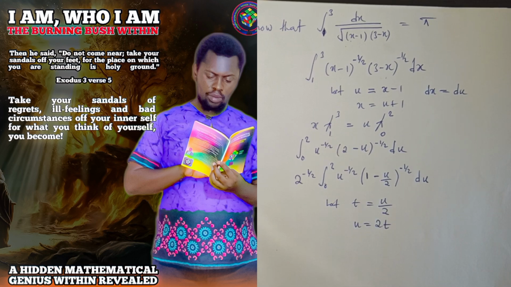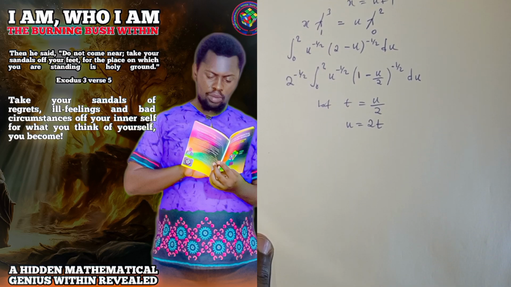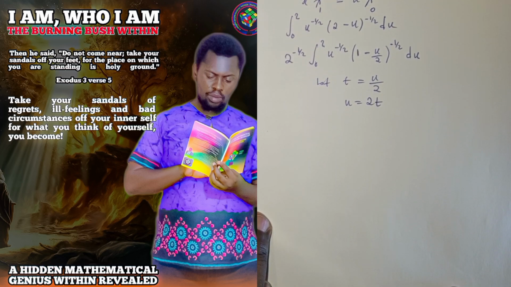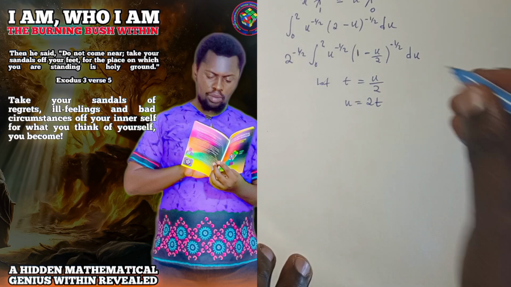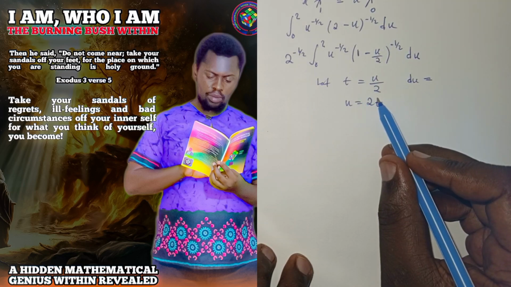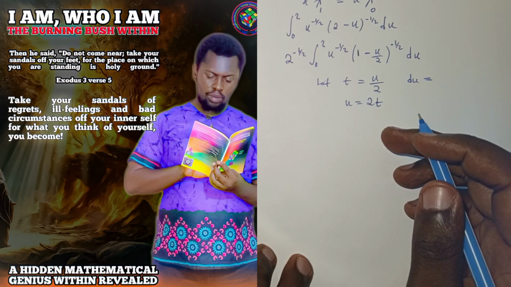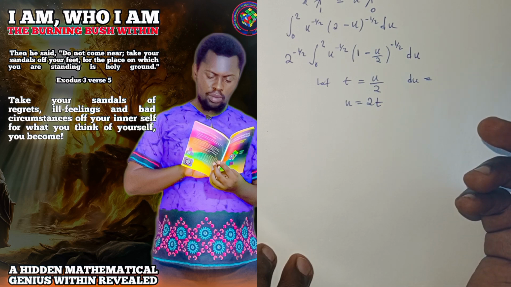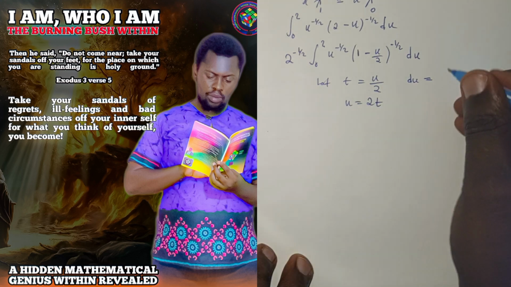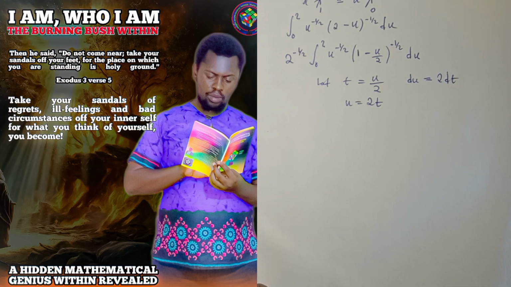Then you differentiate, because we also need to substitute du. So du is equal to the derivative of 2t, which is 2. Since it's with respect to t, it will be 2 multiplied by dt. So du is equal to 2 dt.